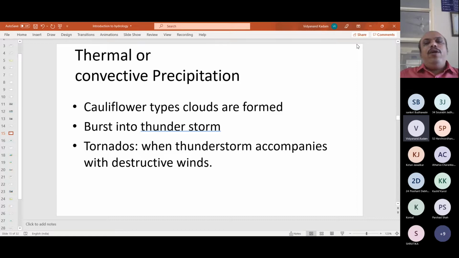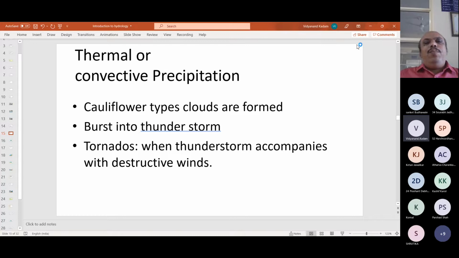In this way, the moisture laden air masses reach a higher altitude, and in that case, cauliflower shaped clouds are formed, and then they burst into a thunderstorm. Heavy rainfall takes place in case of thermal or convective precipitation.